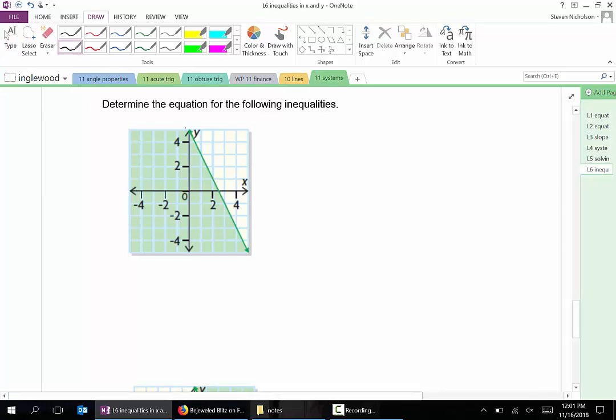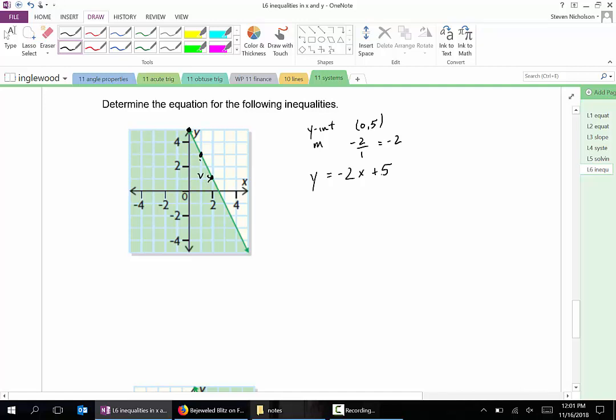We would figure out our y-intercept, and in this one, the y-intercept is 5. We would pick 2 nice points, and we would figure the slope down 2, right 1. So our y-intercept is (0, 5). Our slope is negative 2 over 1, or negative 2. So our equation would be y equals negative 2x plus 5.